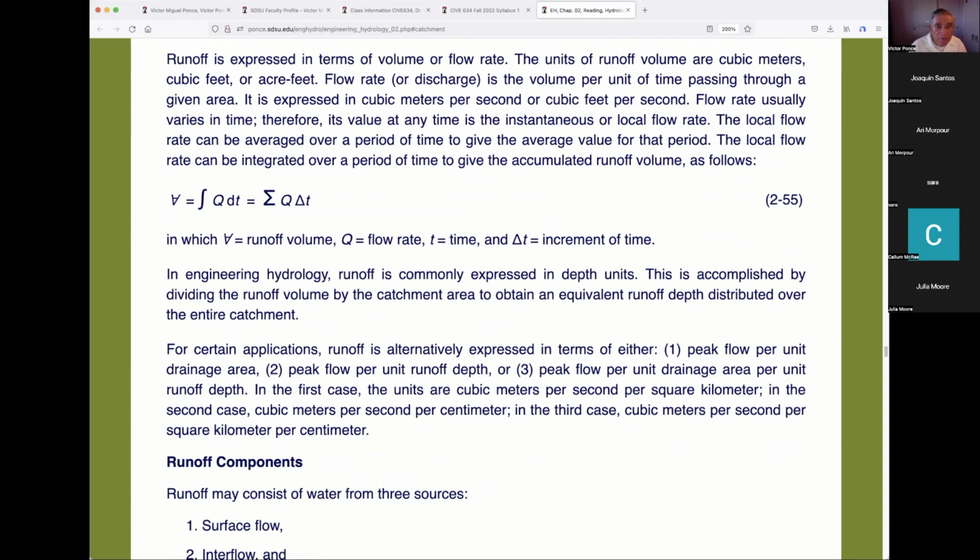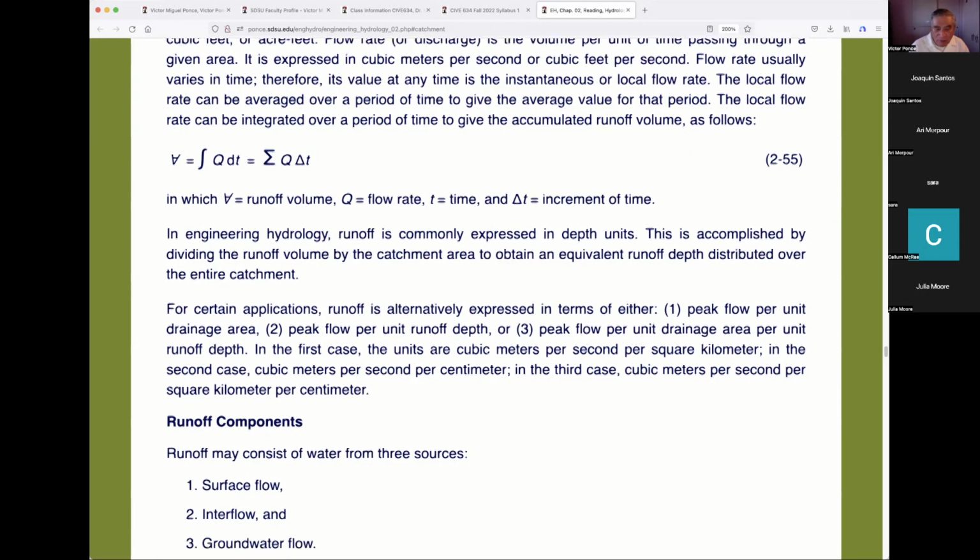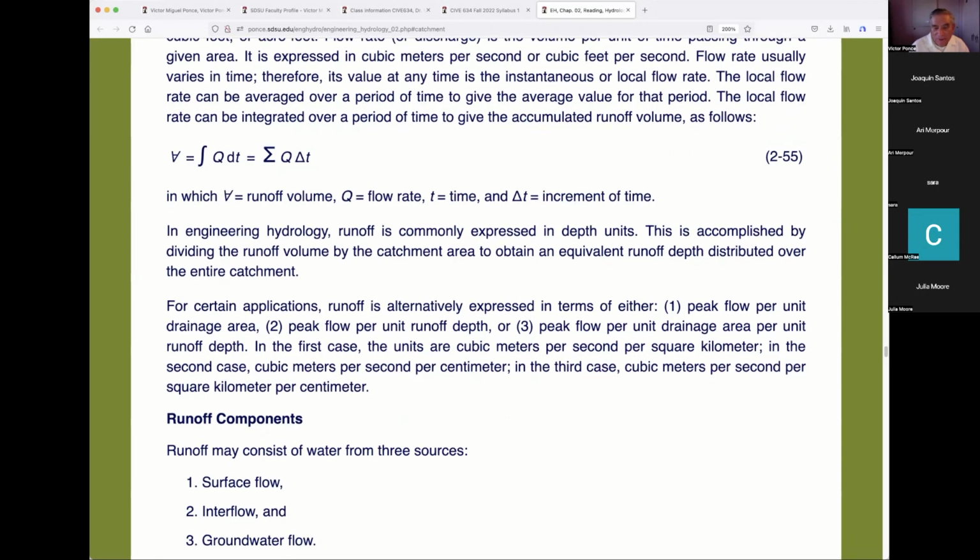That method has become popular over the last 20, 30 years, because some people argue that it improves on the rational method because it has more information. That's another story, but there are various methods out there for various different calculations.